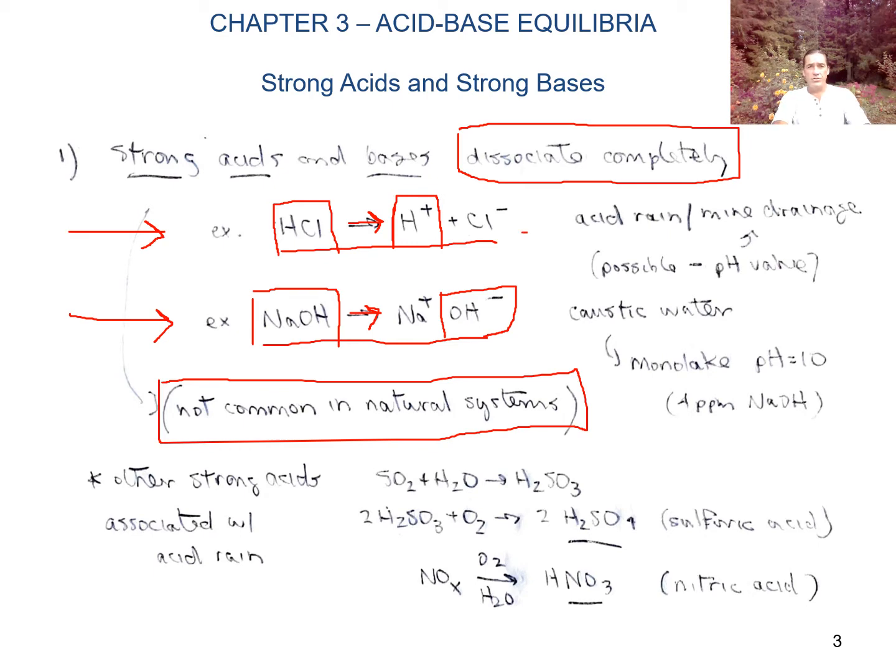An example of a strong acid in nature, well, you kind of have to go to human activities, things like acid rain from, say, smokestacks that exhaust fumes reacting with the atmosphere, oxygen, and water to create strong acids, such as sulfuric acid, a constituent in acid rain, or nitric acid.